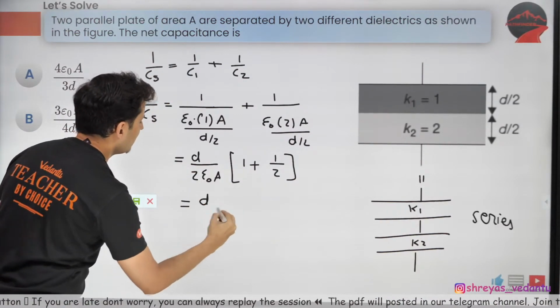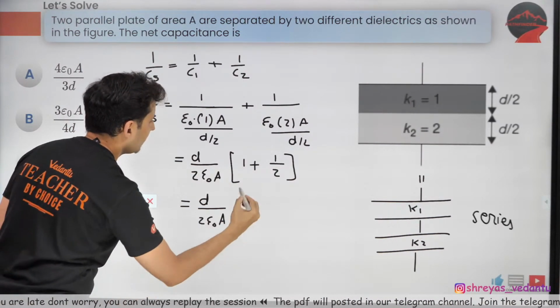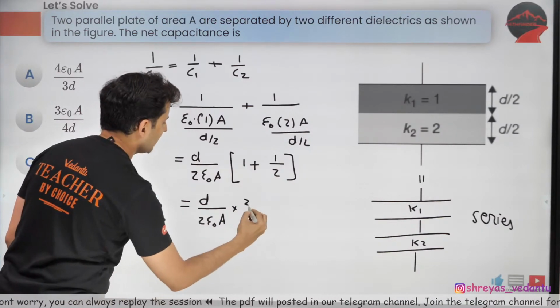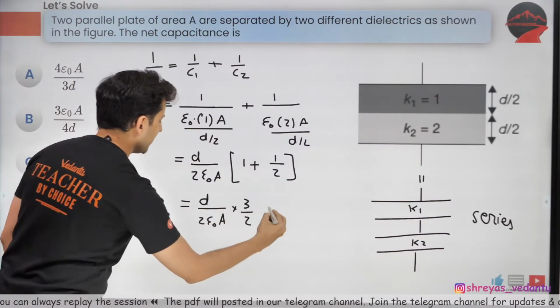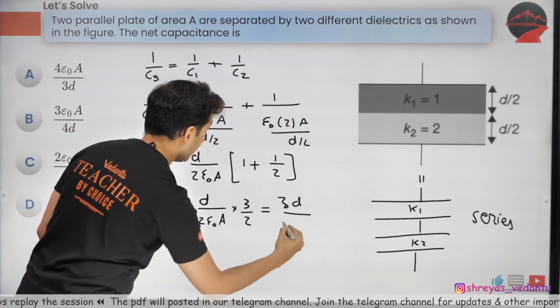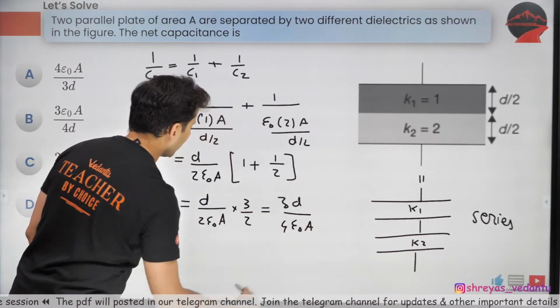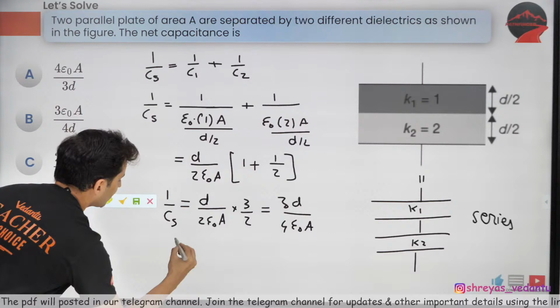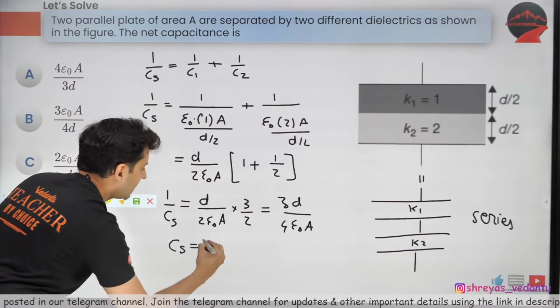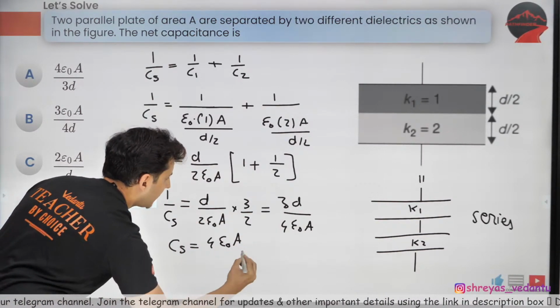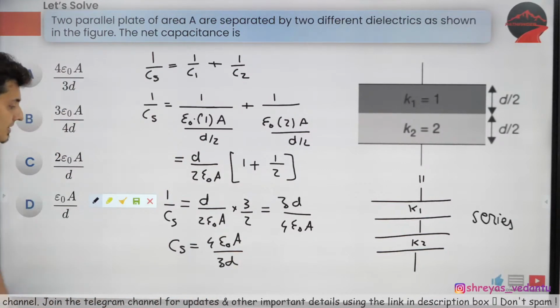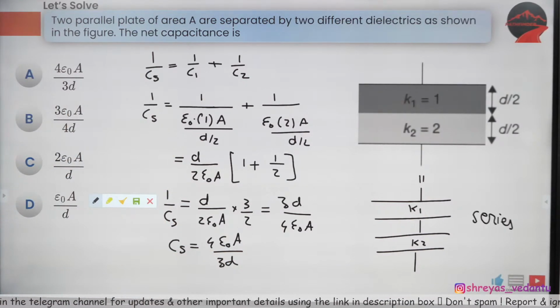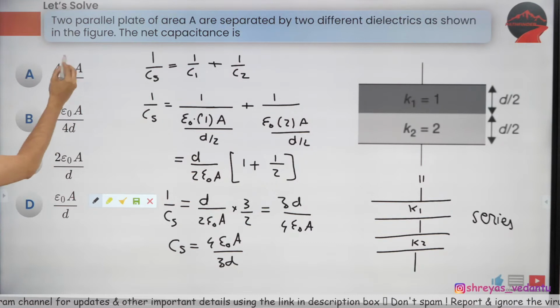So this will become D by 2 epsilon naught A, times 1 plus 1 by 2, which is 3 by 2. So this will become 3D by 4 epsilon naught A, but that is 1 by Cs. So Cs will be inverted. It will become 4 epsilon naught A divided by 3D, my warriors. That's it. 4 epsilon naught A divided by 3D, which is option A.